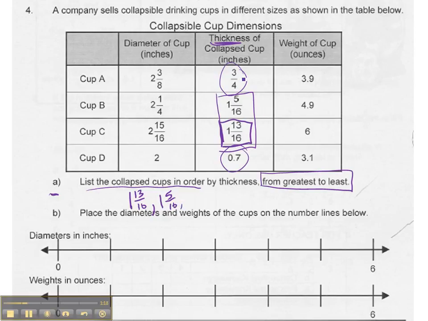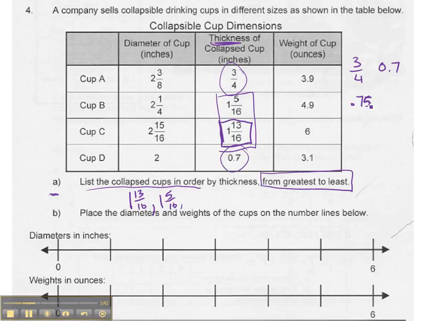And then between these two numbers that are less than 1, 3/4 and 7/10, we have a fraction compared to a decimal. In order to compare them, we need either two decimals or two fractions. The easiest way is, 3/4 is a benchmark fraction that equals 0.75.